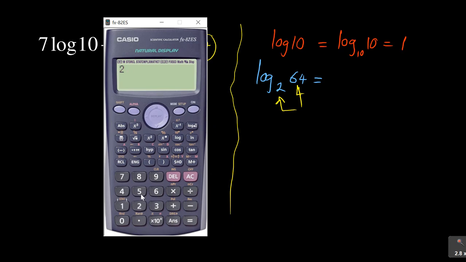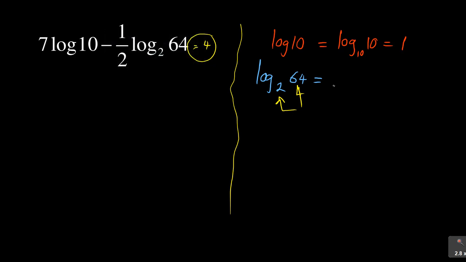For example, 2 to the power of 5 is 32. 2 to the power of 6 is 64. You need to know such things. So which means I can express 64 as log base 2 of 2 to the power of 6. And also I will remind you that if there is a power, you can drop that particular 6 down there. So now let us solve it and see what it becomes.